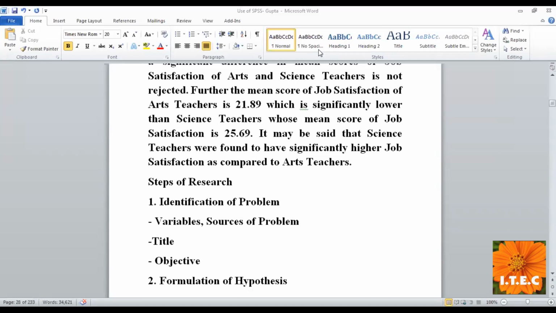Because whenever you do research, either you are having type 1 error or type 2 error. If your results, your calculation, your data are not all right, if you are manipulating the data, then there is a problem.